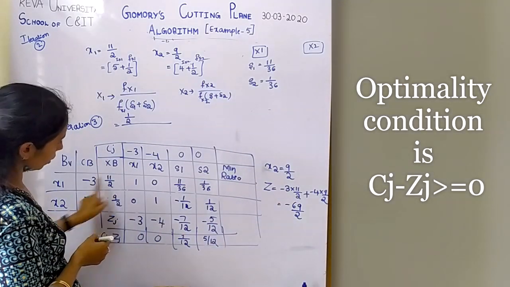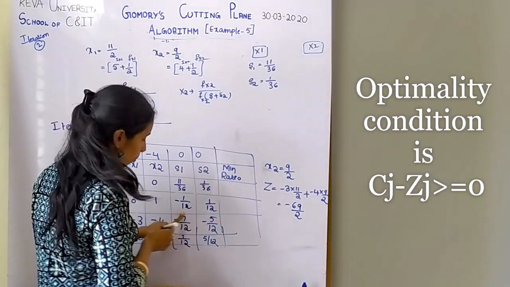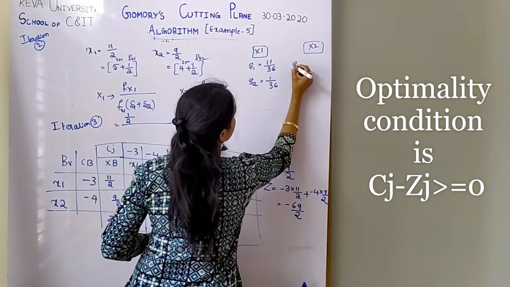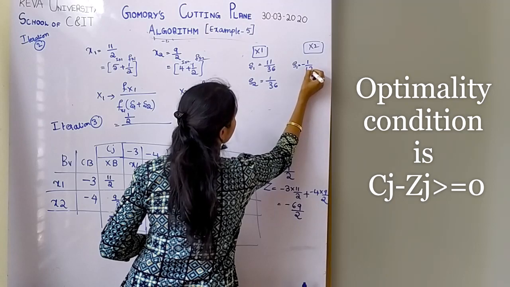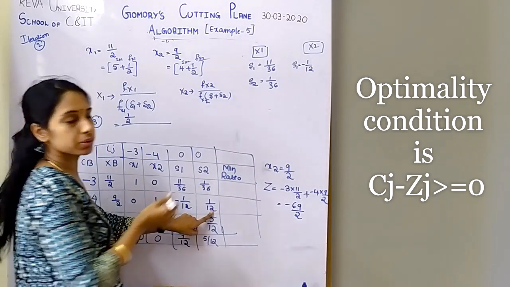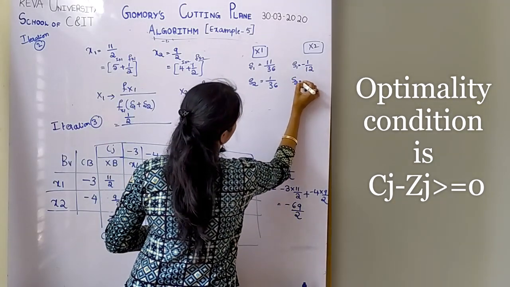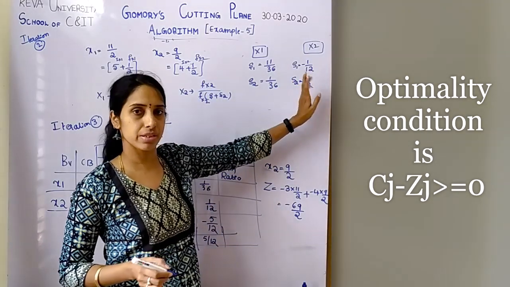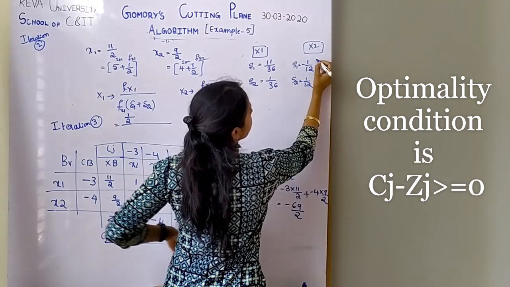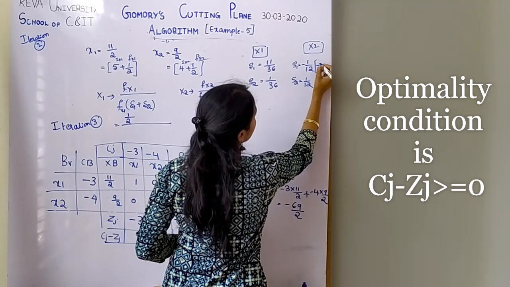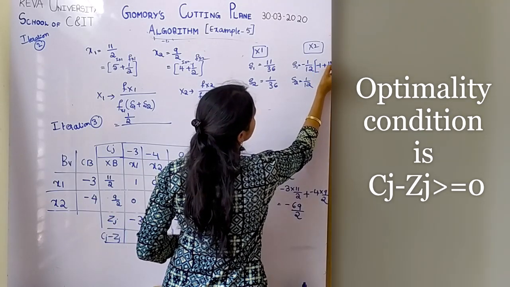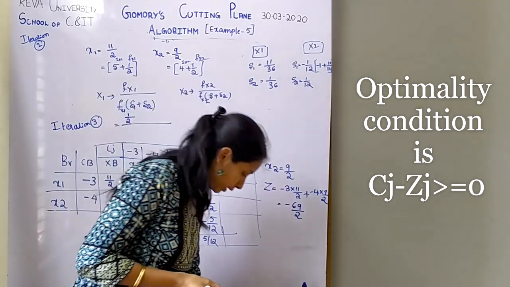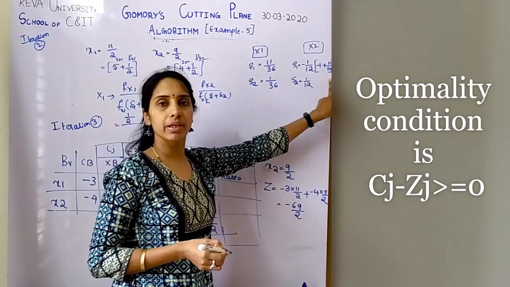For x2, what is the s1 value? For s1, minus 1 by 12. For s2, 1 by 12. Whether you can represent this as an integer plus fraction? Yes, you can write this as minus 1 plus 11 by 12, correct? Minus 1 plus 11 by 12.